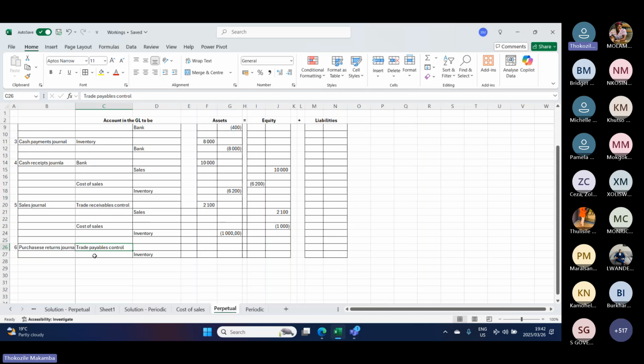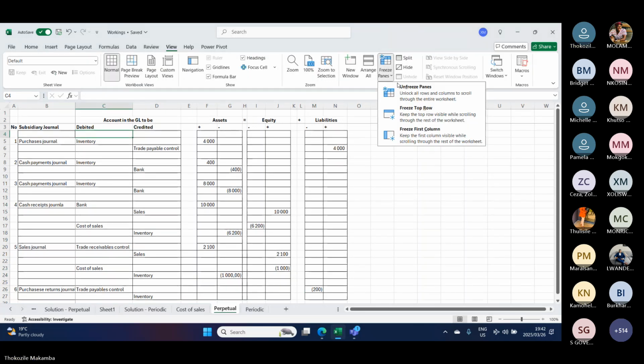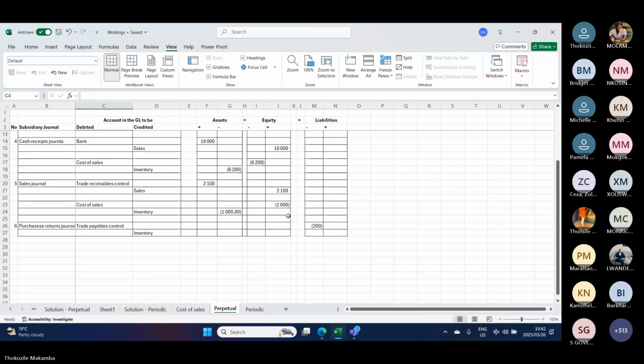Now debiting trade payables control, we know that our liabilities are reducing. Liabilities are reducing by the 200 rand. Let me just try and fix this. Okay. We know that our liabilities are reducing by 200. Inventory is an asset. The asset is being credited, which means our asset is also going down by 200 rand.